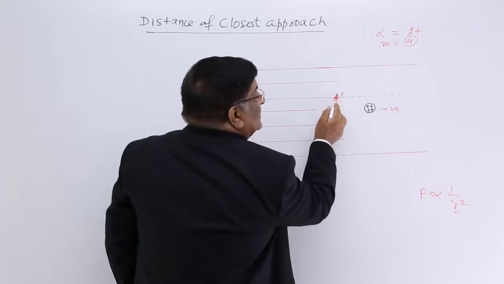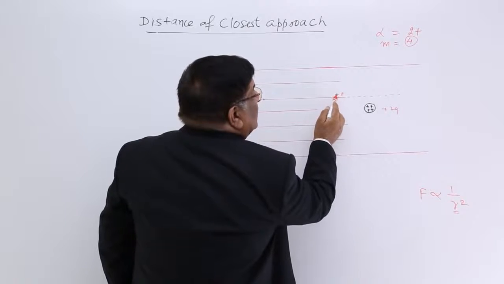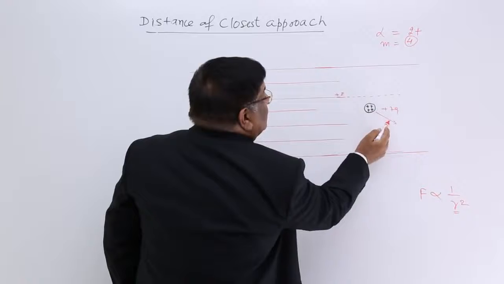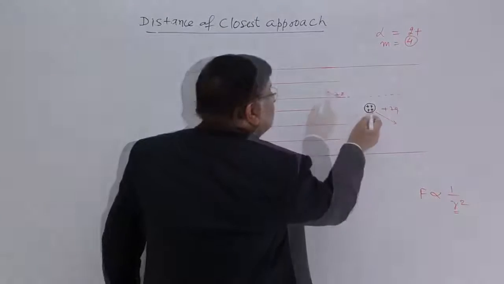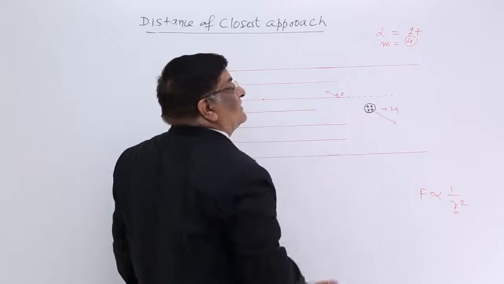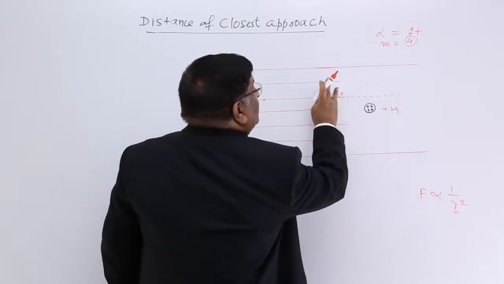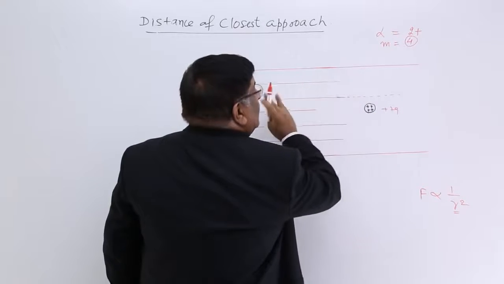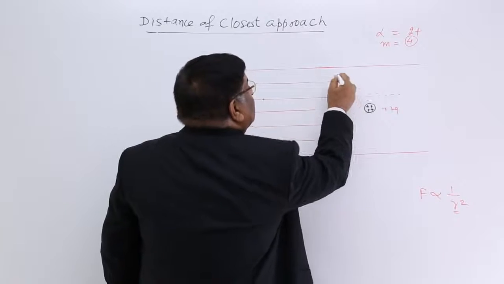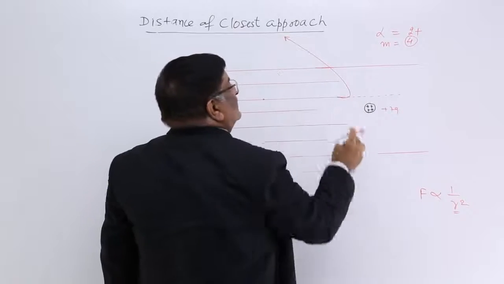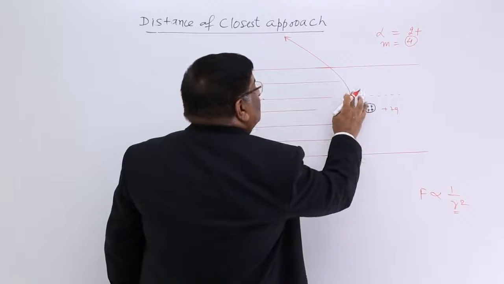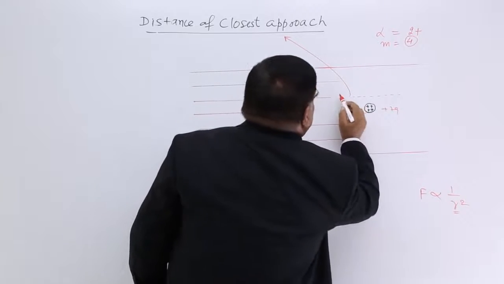There is an interaction between the two, repulsion. It applies force on this, and this applies force on this. This does not move because its mass is very large, but this moves. And when this moves, what happens? This will turn and go like this. This is what happens exactly.